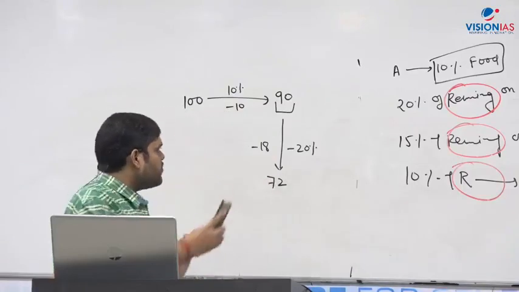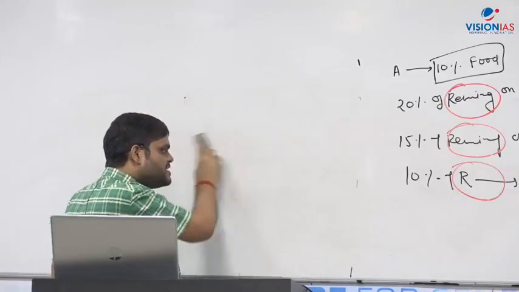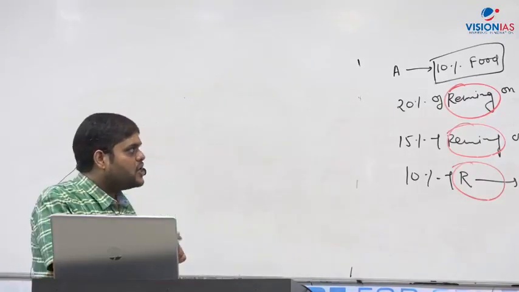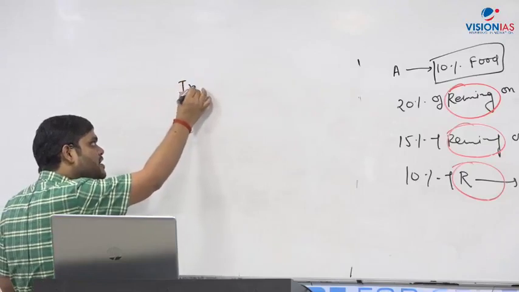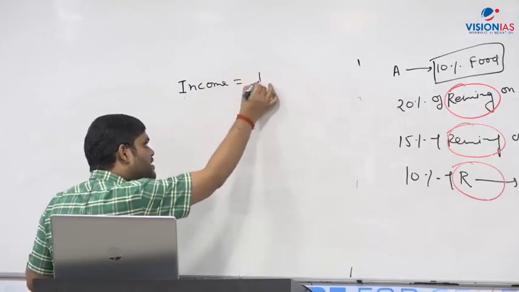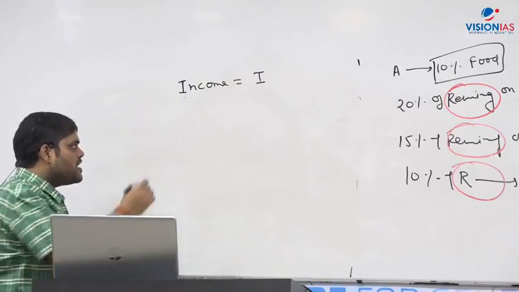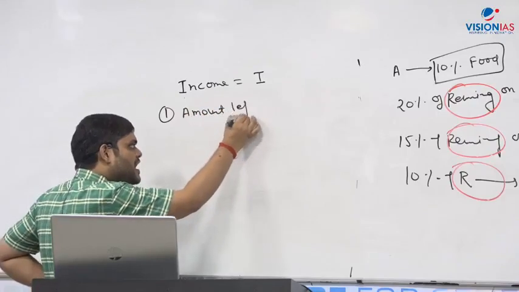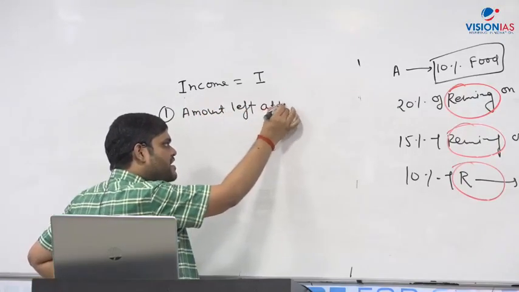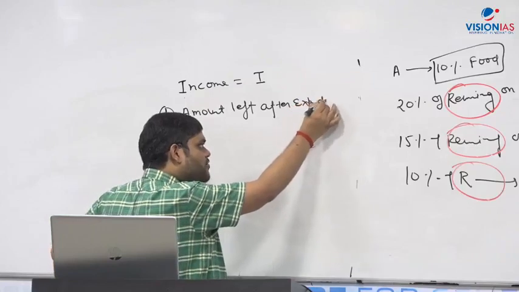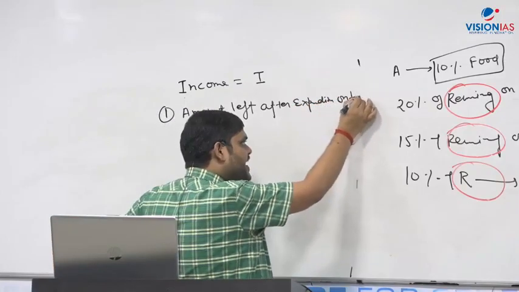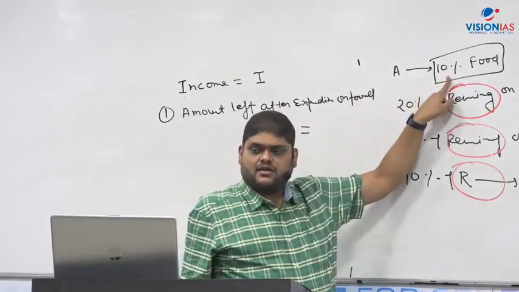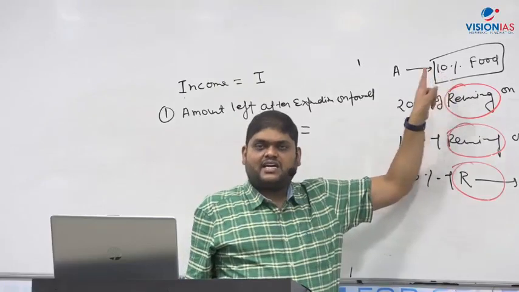Now this is one way of doing. The second way of doing is where you have a problem. Suppose total income was I. So if I say amount left after expenditure on food, I am spending 10%.